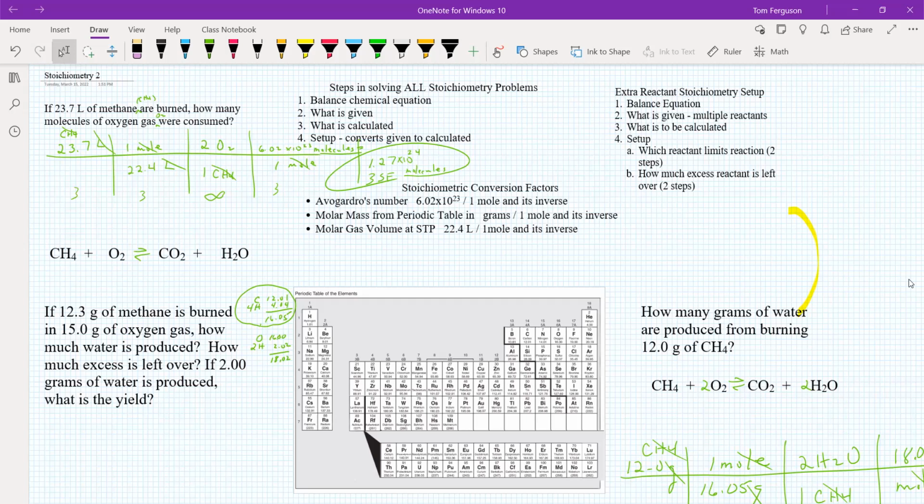Still got to balance the equation. Still got to figure out what's given. What's to be calculated, just like before, only this time we have to figure out which of the givens limits the reaction. So let me give you one that I've already mentioned before, but just as a review.